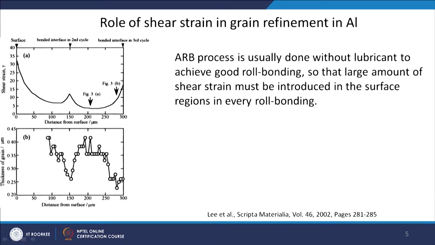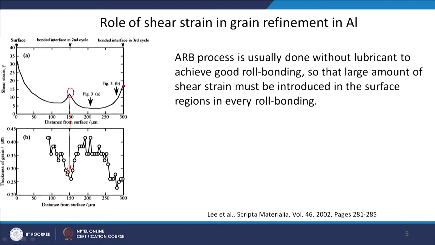So, for example, this shows a shear strain diagram here, a graph here. The shear strain is more where you have the second interface in the second cycle. Again the shear strain is increasing where you have the third cycle between the two interfaces. And wherever the shear strain is high, you can see the thickness of grain.